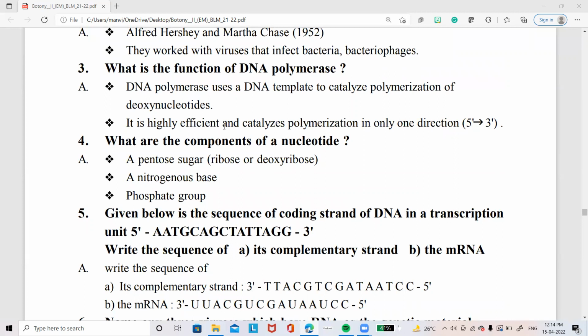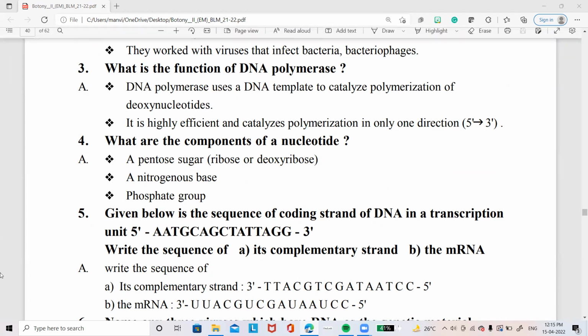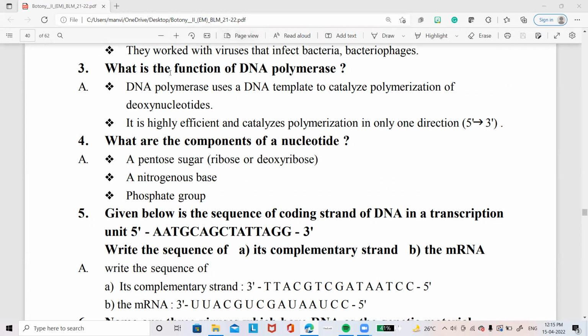It is highly efficient and catalyzes polymerization in only one direction, 5' to 3'.